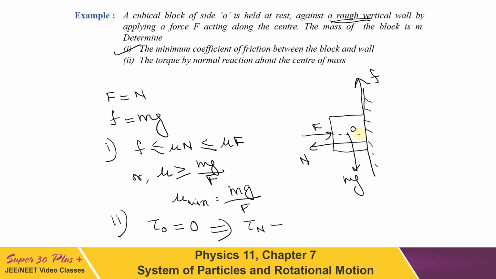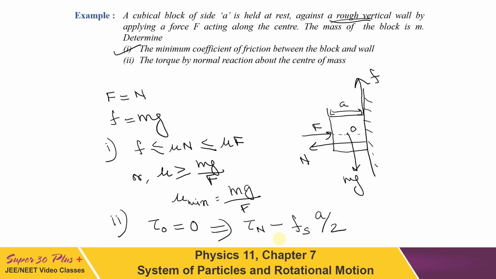We have to write only the torques due to normal and friction, and the torque for friction has to be equal to minus Fs A by 2. This length being A, its center of mass has to be at A by 2 from the wall. I have put a minus sign here because the normal will have a tendency to rotate it in clockwise direction and friction will have a tendency to rotate it in anti-clockwise direction.